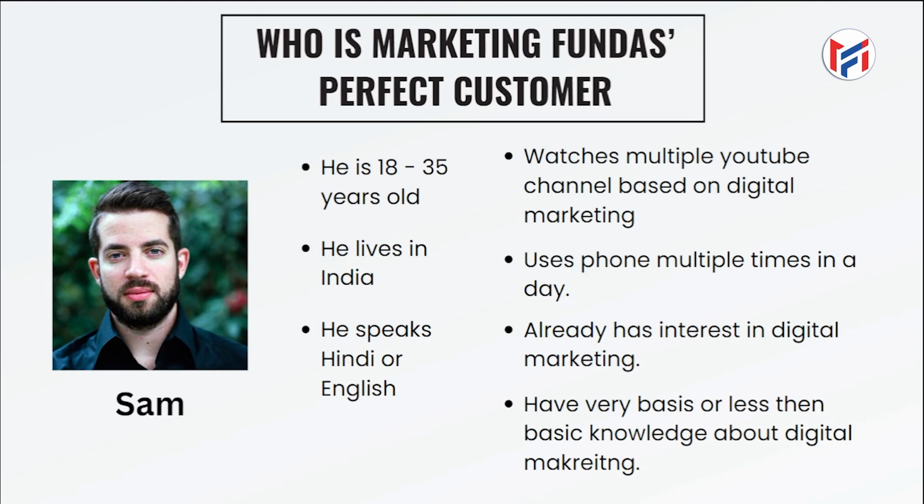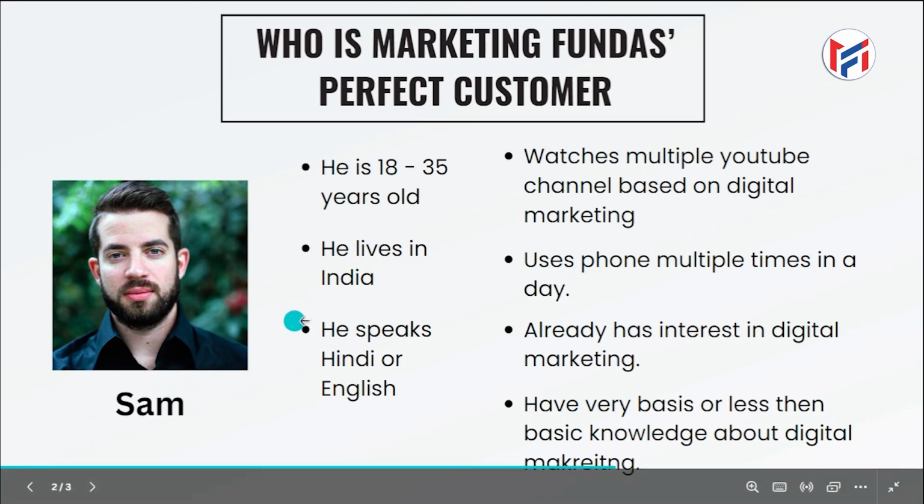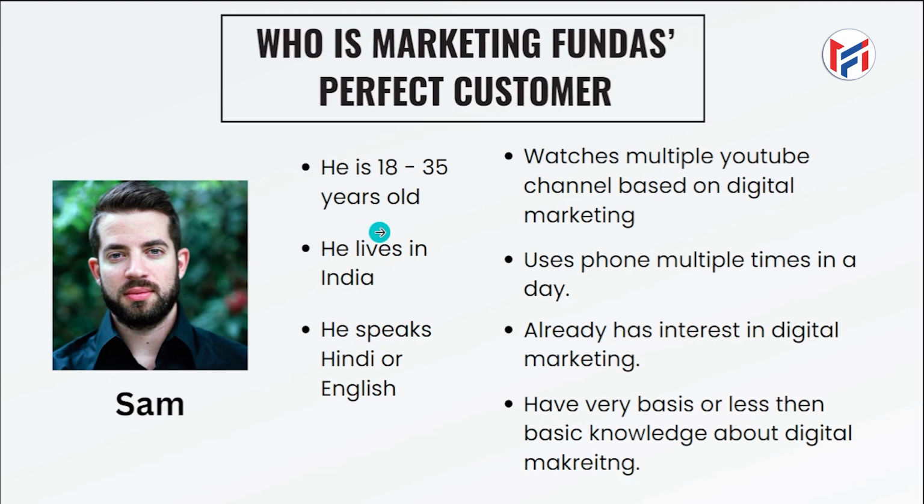and here I have created a persona for the institute one where I have given the name and the photo of a random image to this persona. Basically, I have picked up this image from Canva and I have given a random name, right? After this, you can write all the points that suit your ideal customer. Like he is 18 to 35 years old, he lives in India, he speaks Hindi or English, watches multiple YouTube channels based on digital marketing, right?